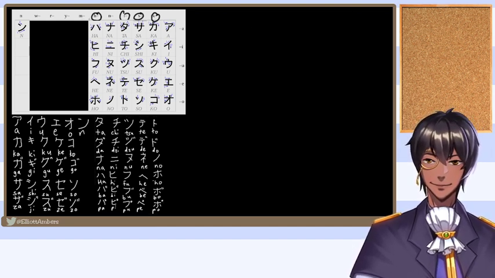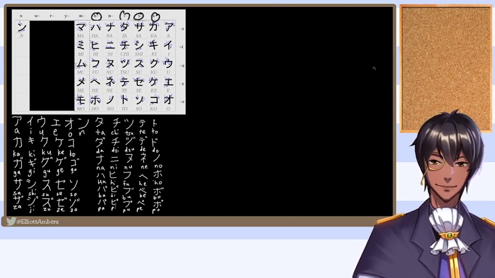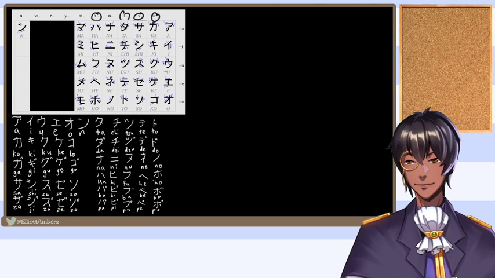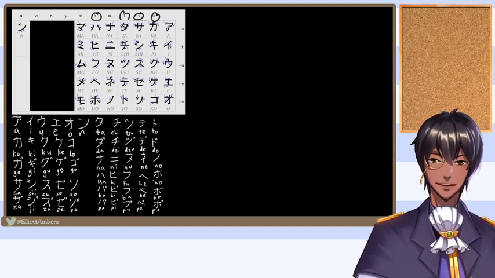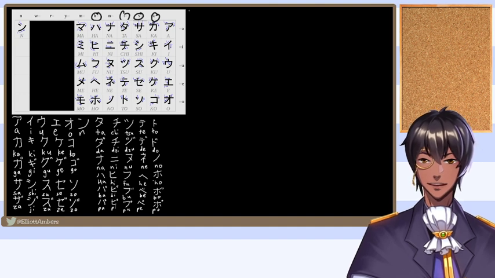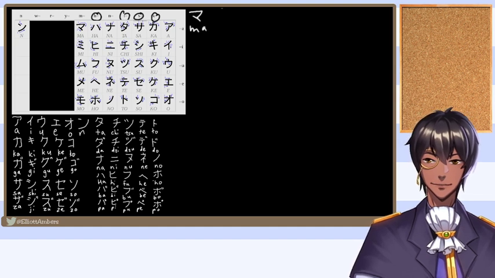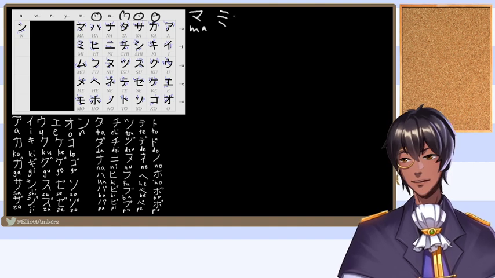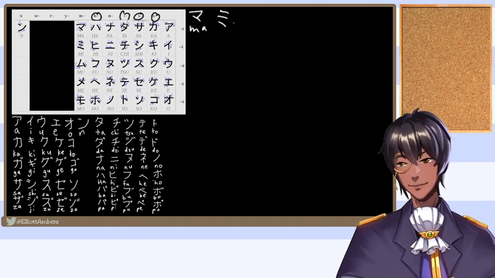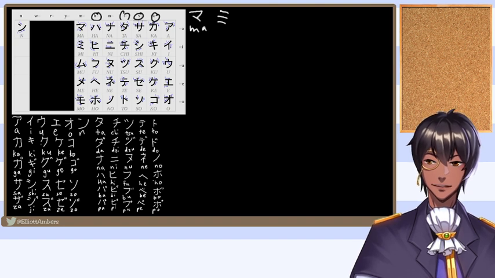So, M. We've got Ma, Mi, Mu, Me, Mo. Let's write that out on a new layer so we don't mess it up. So, Ma. We go like this. Mi is just three strokes. You might see this character a lot if you listen to a lot of Vocaloid, because obviously Hatsune Miku.